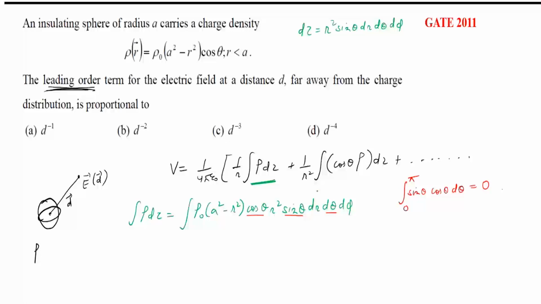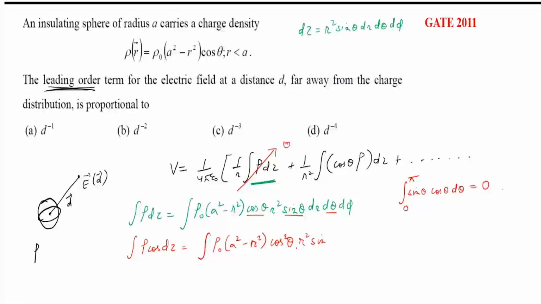So that means what? The net charge is what? 0. The net charge is 0. So this term will be 0. Now you have to check this integration. That is rho naught (a square minus r square) cos square theta, then r square.